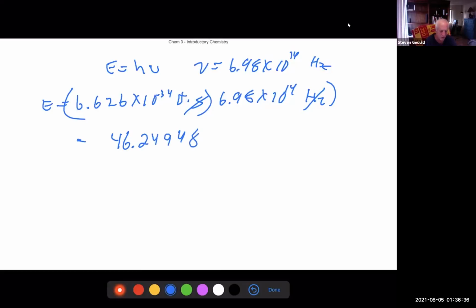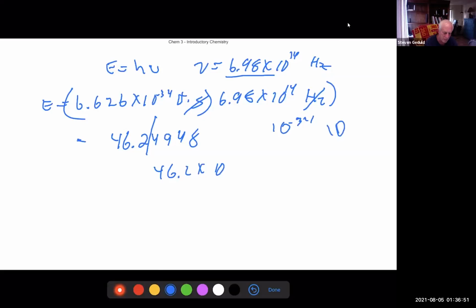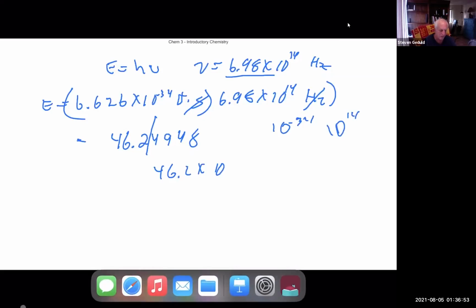And we're good to 3 significant digits. So it's going to be 46.2 times 10 to the minus 34 and 10 to the 14. Minus 34, make sure, yeah.